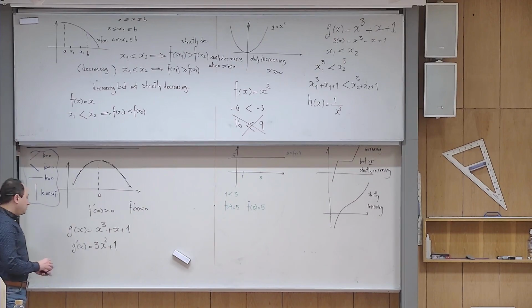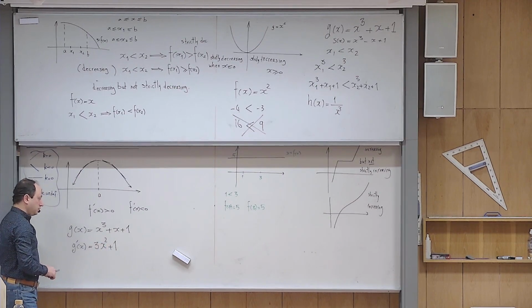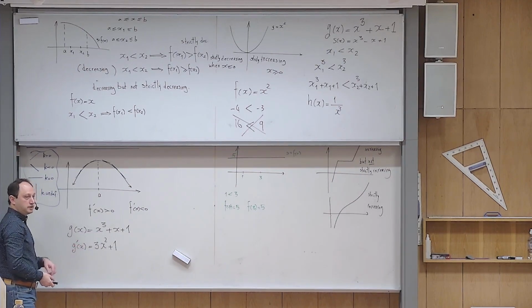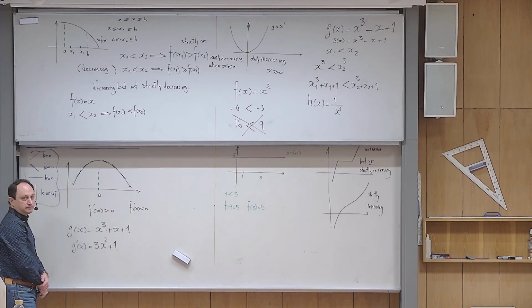Okay, I want to know where the derivative is positive or where the derivative is negative. So what is your answer to that? Where the derivative is positive and where the derivative is negative? By where, I mean for which x's the derivative is positive and for which x's the derivative is negative.